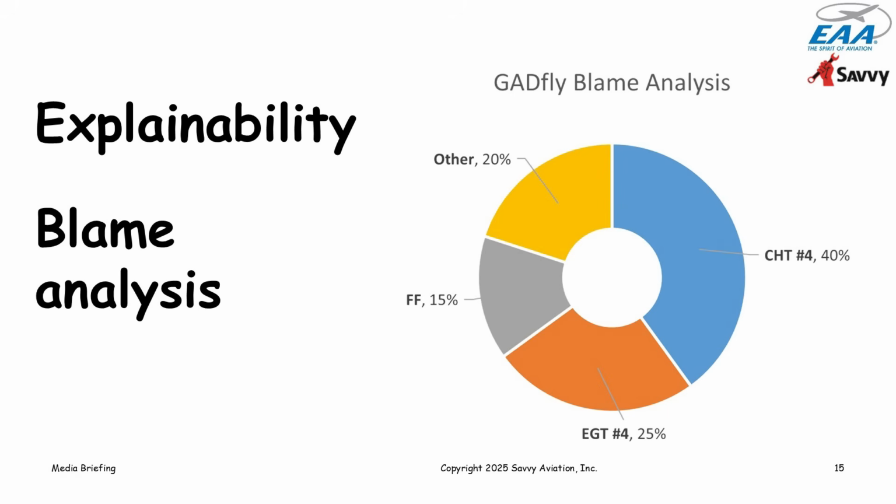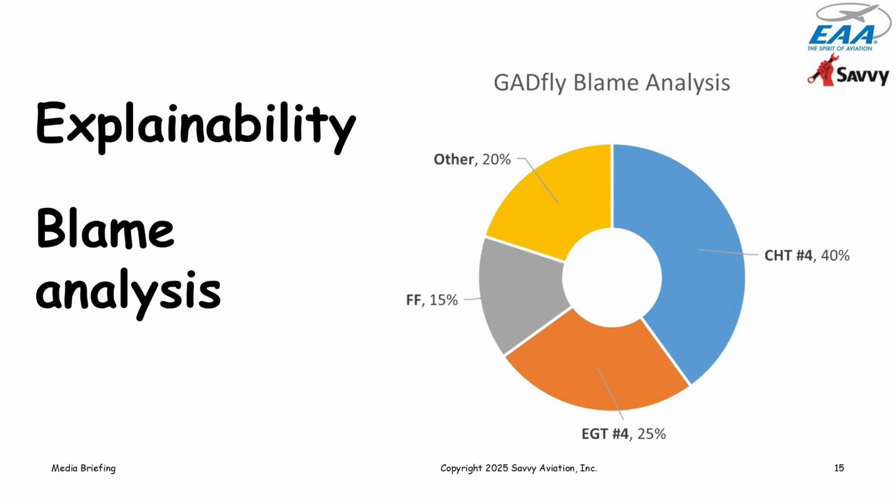So if an analyst sees a flight that the GADfly has identified as being anomalous, and it's not obvious why GADfly highlighted this particular portion of the flight, the analyst can do a couple of mouse clicks and bring up what's called a blame analysis that shows which of the sensors contributed to the high anomaly score.